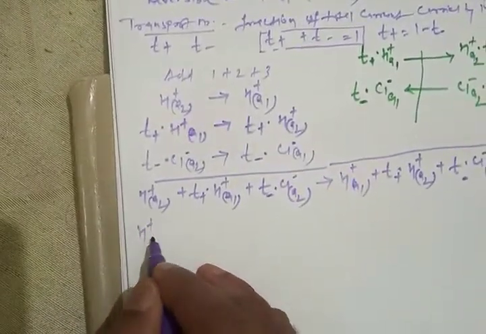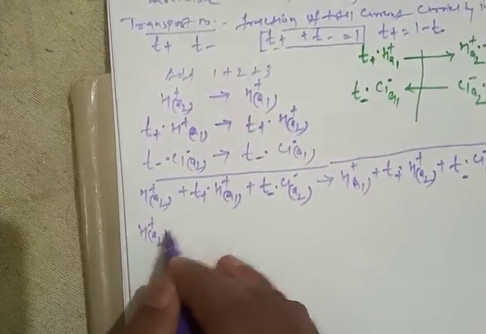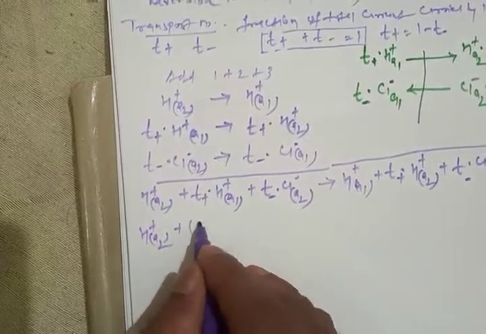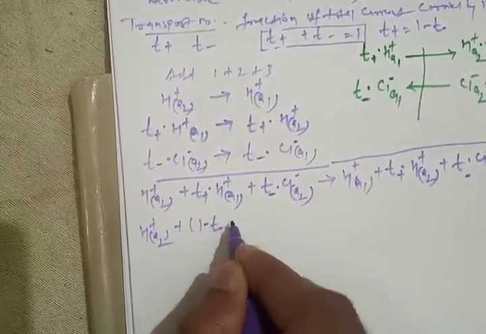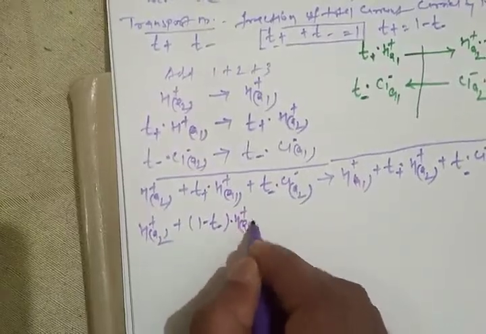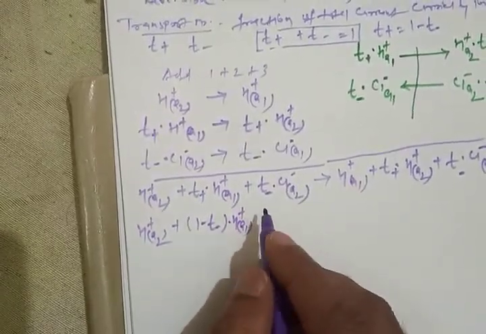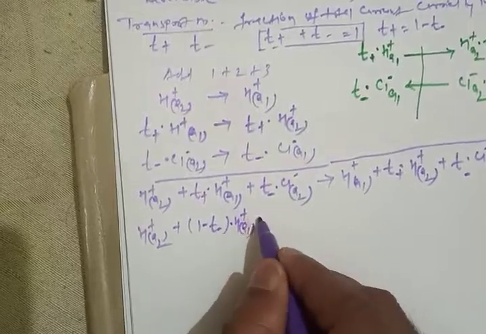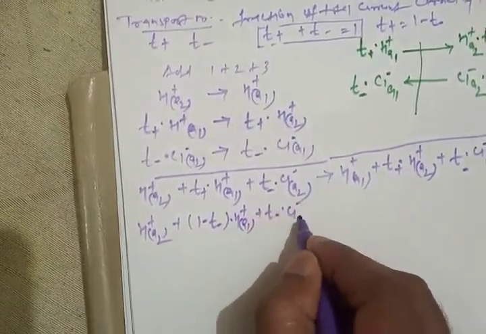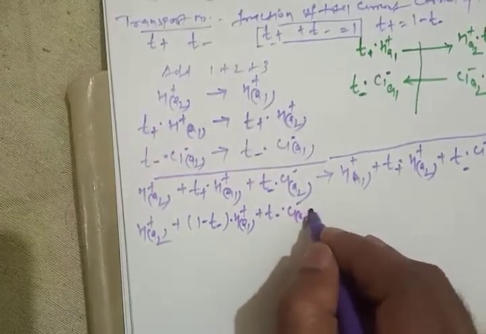H plus A2, then here this T plus will now be 1 minus T minus, and H plus A1. Then again the T minus will be same, chloride ion with A2.